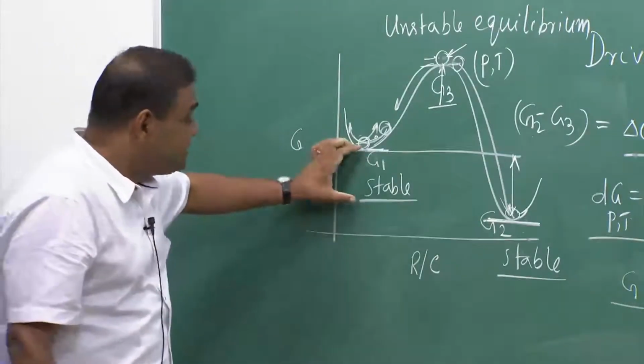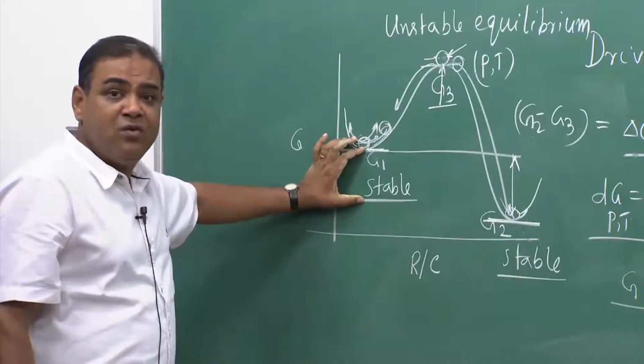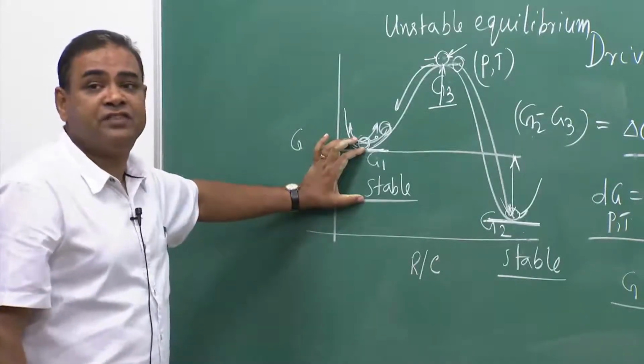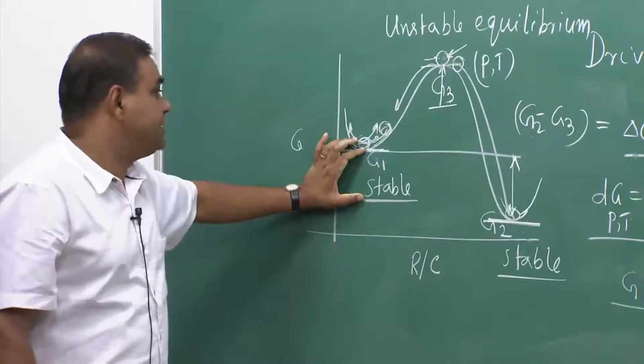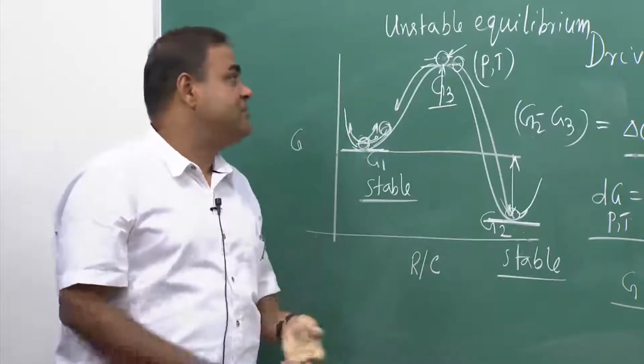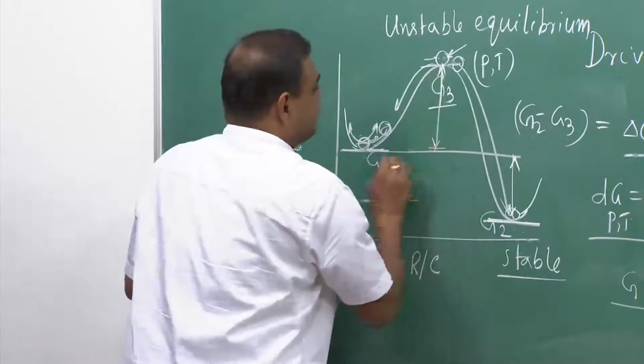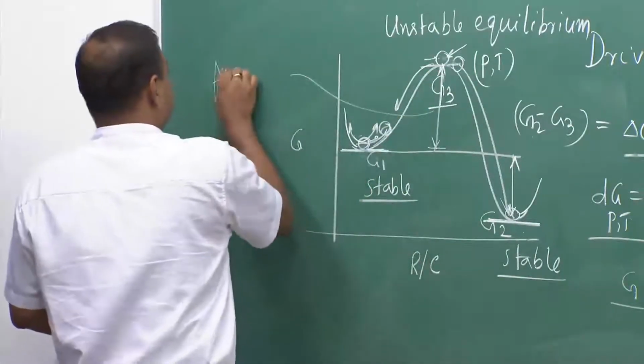So, there is a spontaneity from G1 to G2, but we need to provide sufficient excitation to that particular ball, and this excitation is coming in the form of activation energy, and this is basically my activation energy.